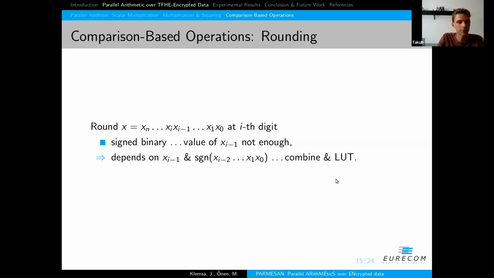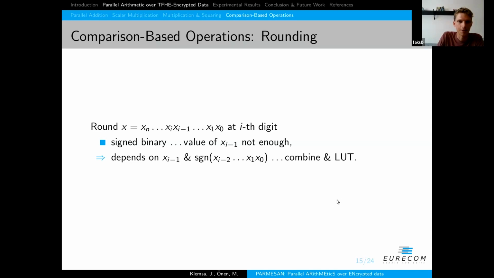So it's also not straightforward in signed binary. Here we could see that signed binary, on the one hand, helps find a parallel addition algorithm. On the other hand, it causes certain troubles in Signum, in comparison and in rounding. So we need to find the proper balance.